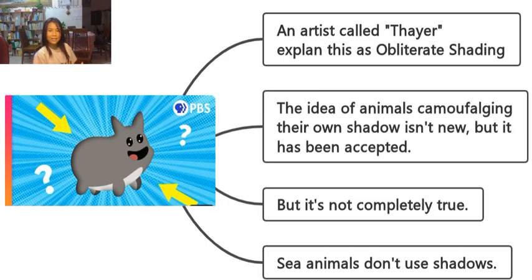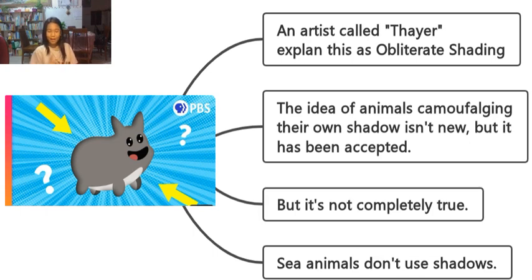He said that these kinds of animals are trying to camouflage their own shadow. But this idea isn't completely new to people like us, because you can see a lot of animals, like a caterpillar, also have that trait, right?